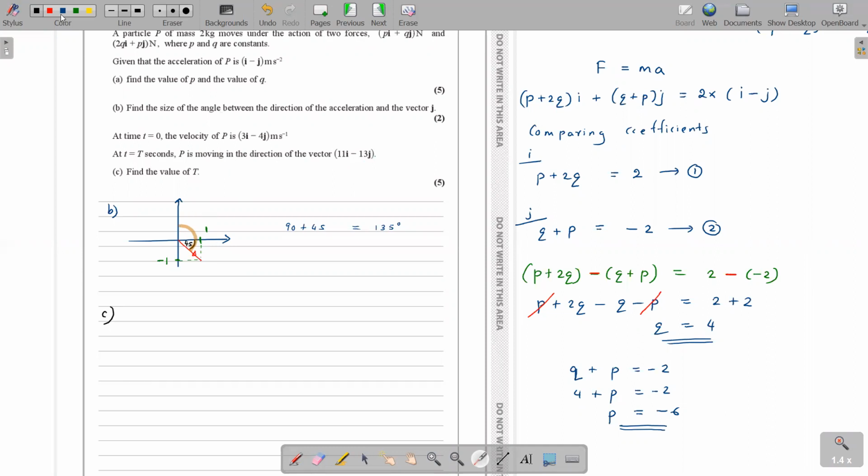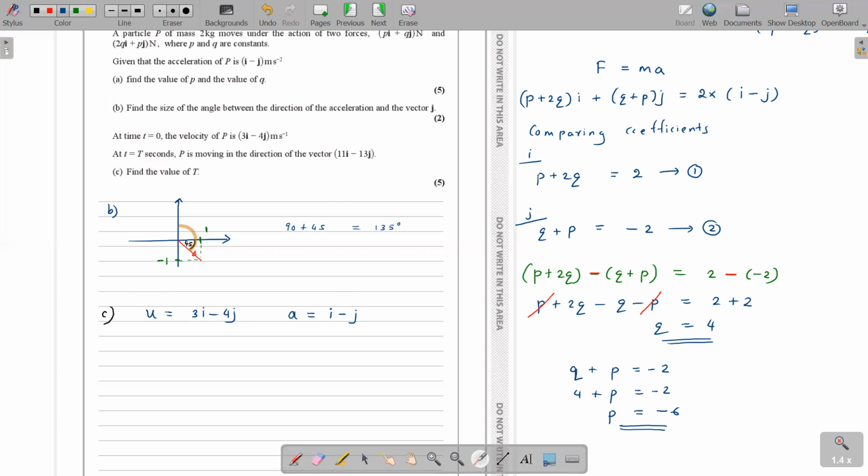They have given you the initial velocity, the starting velocity 3i minus 4j. And we also know the acceleration of this object, I minus j. At time t equals capital T, the final velocity is not given, but they have told you the particle is moving in the direction 11i minus 13j.